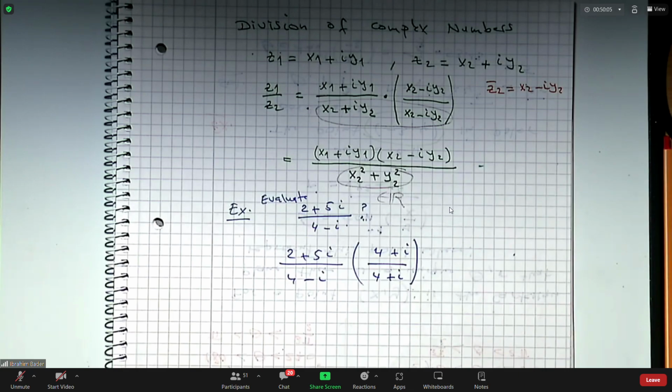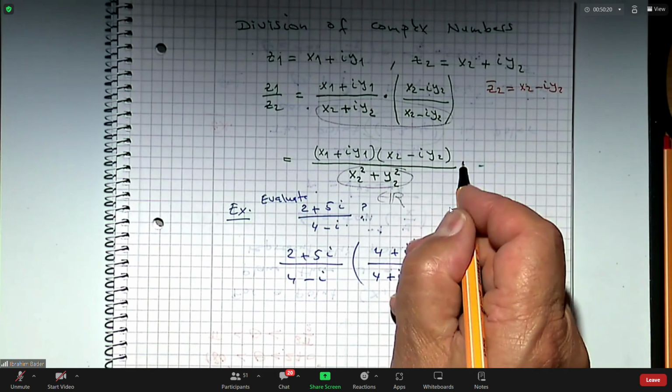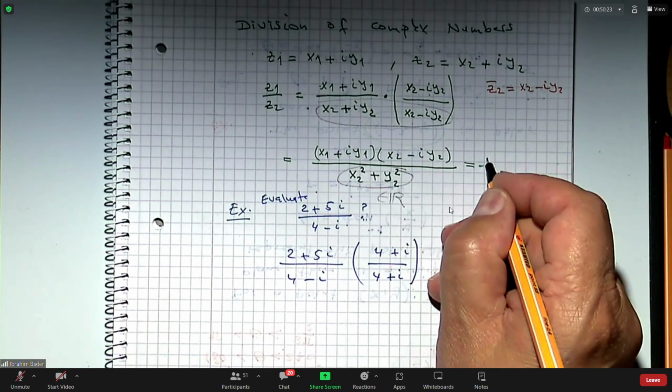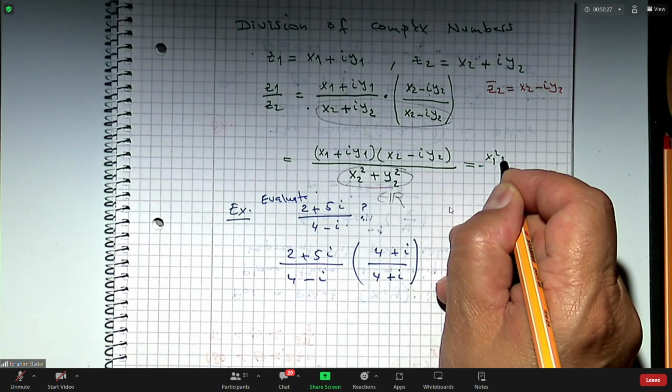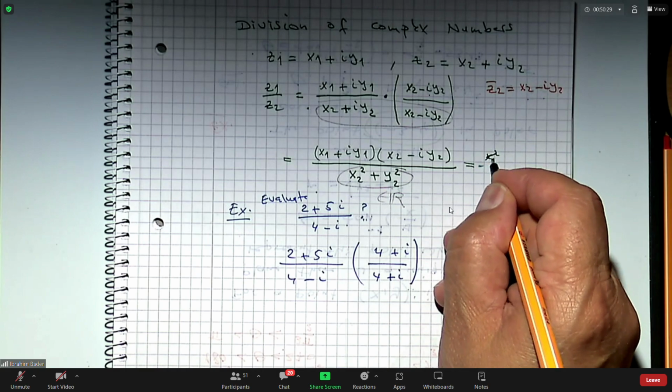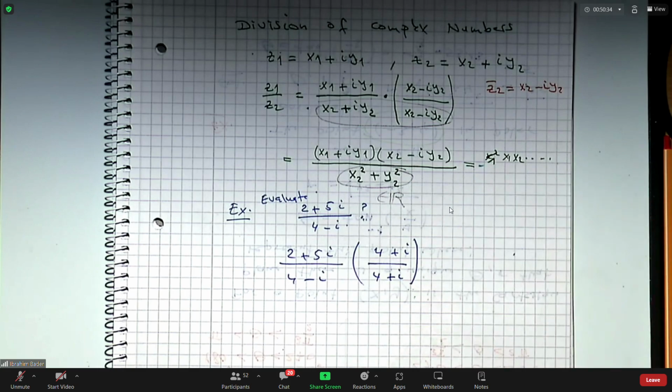It will not affect the outcome because it has the value of 1 ultimately, and it's just like multiplying by 1. Now of course, on top you will just continue evaluating this with x1, x2, and so on, just like we evaluated it before. So we will do it for the example here.